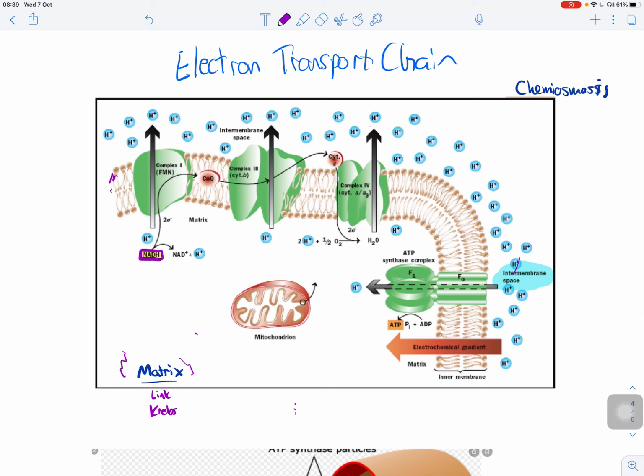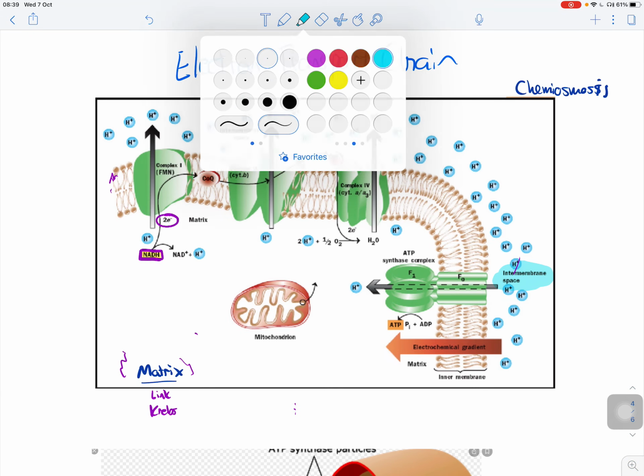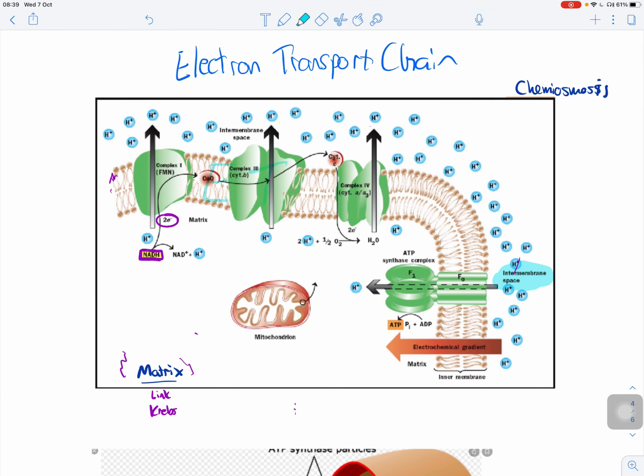So what happens is NADH drops off electrons, okay? This says 2, sometimes you might see it just as 1. It's not too important. But it drops it off at the electron transport chain, which is kind of this area here. And those electrons go to these various complexes. They're transferred through. Now this is on the inner membrane, okay?